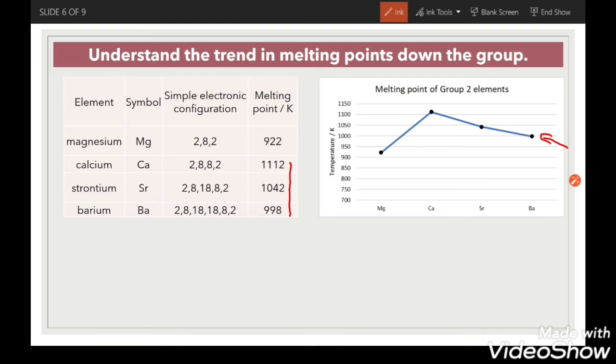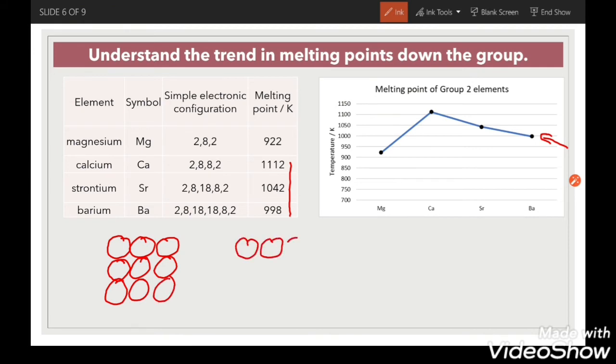Okay, the reasons we don't need to know. But, for example, I'm just going to do a little representation. One of the arguments is that it forms a different crystal structure. So the way those atoms are packed together in the metal lattice is different. For example, you could have a metal lattice where the atoms are arranged in rows like that, or you could have them arranged slightly differently, like this, and this would give different properties.